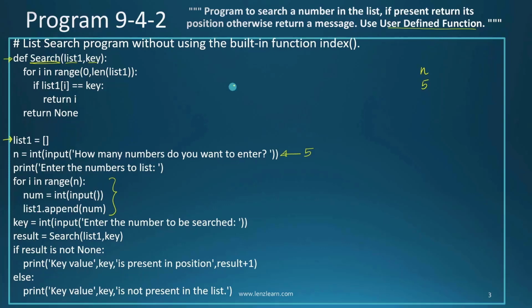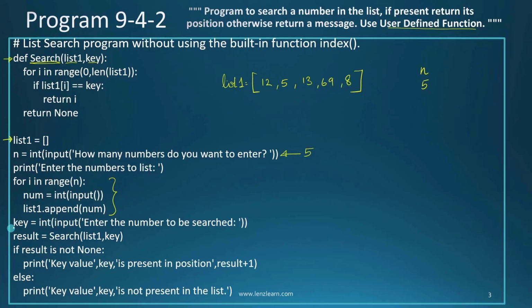Now for example, if I enter 5 values like 12, 5, 13, 69 and 8, these are the 5 numbers that I have entered, and my for loop has created list1 by appending each number one at a time to this list. So now the for loop is finished.